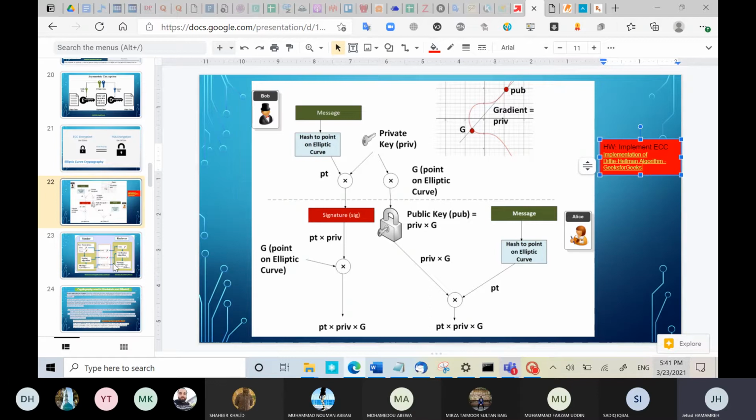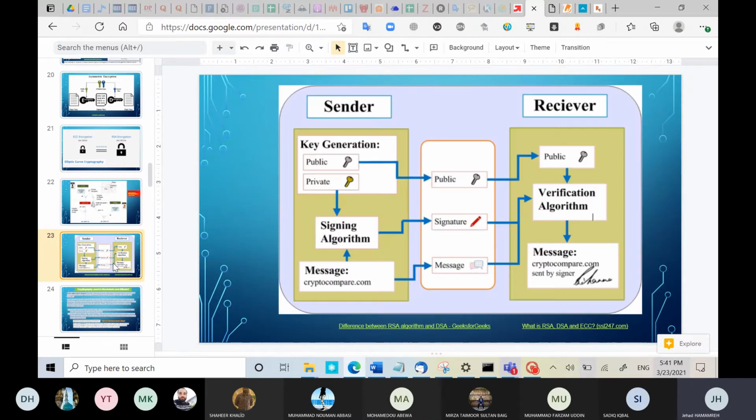So basically here, if we were to summarize them, you have the sender, you have the receiver, you have the key generation process where you have public key, private key. The private key is used in the signing algorithm for authentication purposes and for certification, while the public key is sent to anybody on the internet who wants to talk to you.